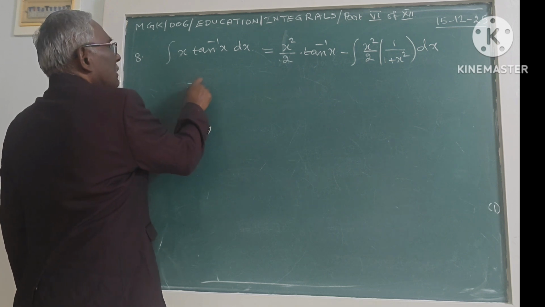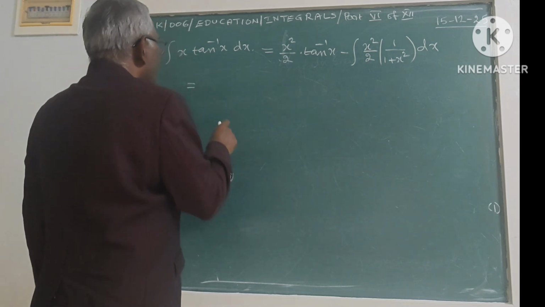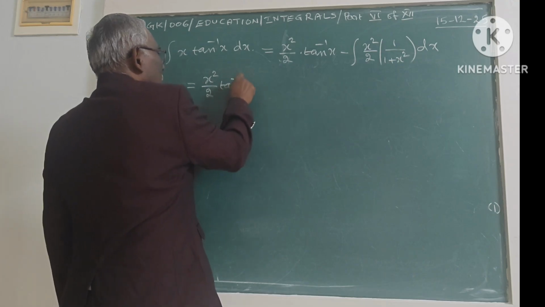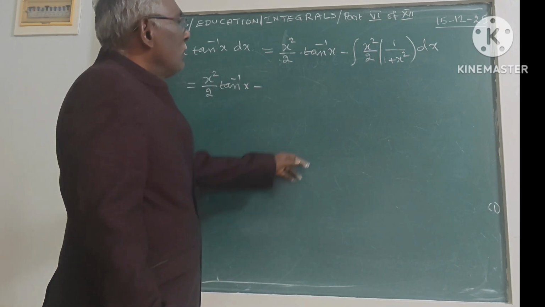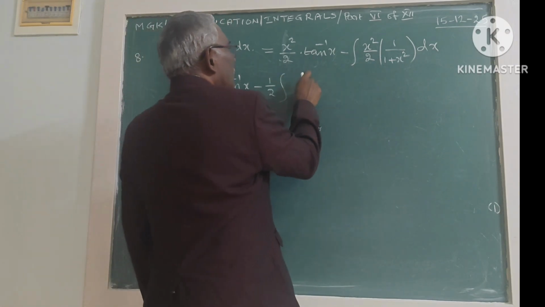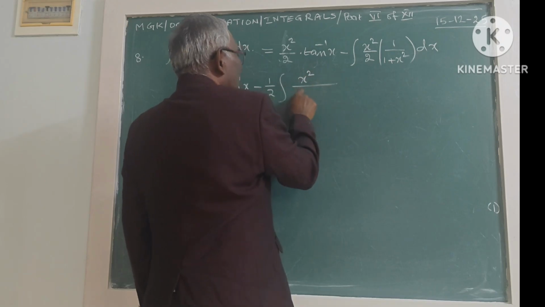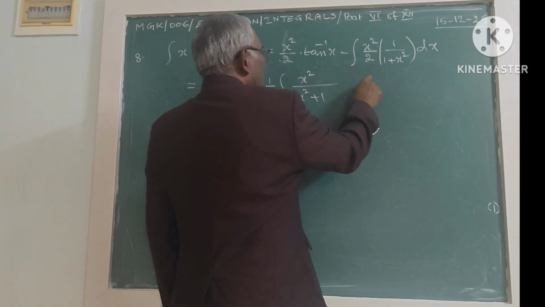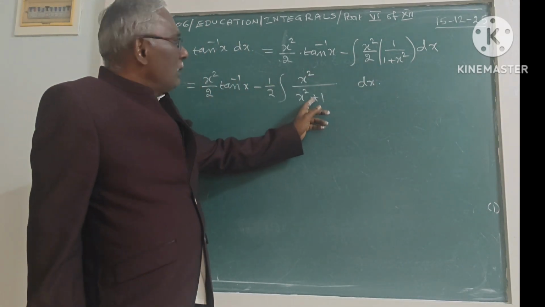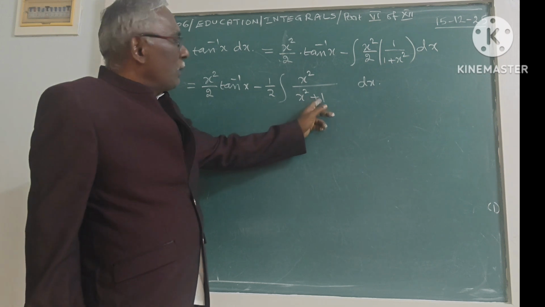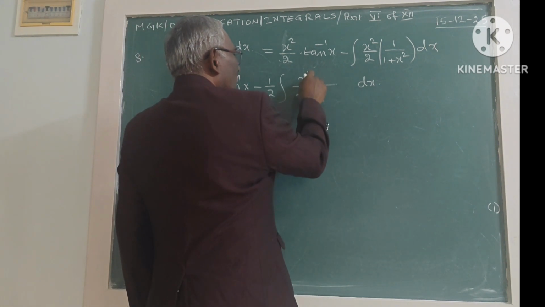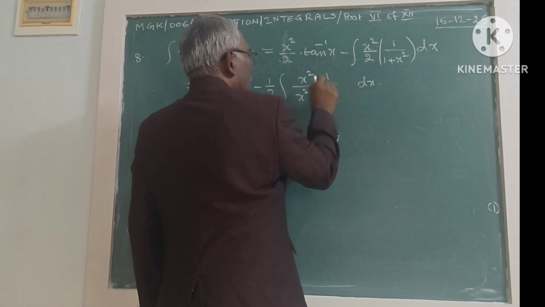So we can write this as x square by 2 tan inverse x minus, 2 will take it outside, 1 by 2 times integral x square by x square plus 1 dx. So in this integral, you see the degree of numerator and the denominator both are same. In that case, we can just write this x square as x square plus 1 minus 1.